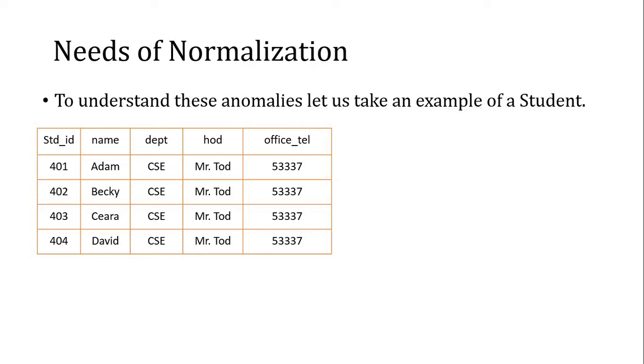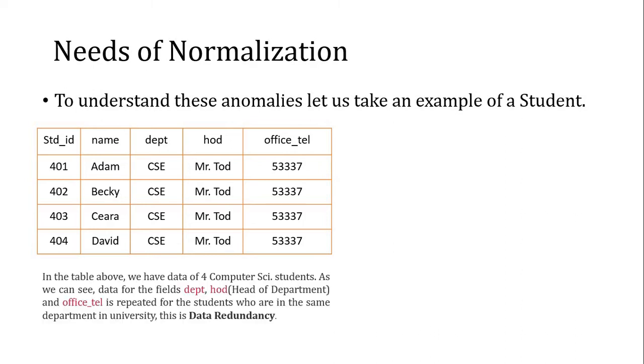So you may think it is quite normal, quite simple, but in the above table we see that repeated data keeps coming. The department is repeated, the head of the department is repeated, the same name we have to insert again and again, and the phone number is the same for all of the students.